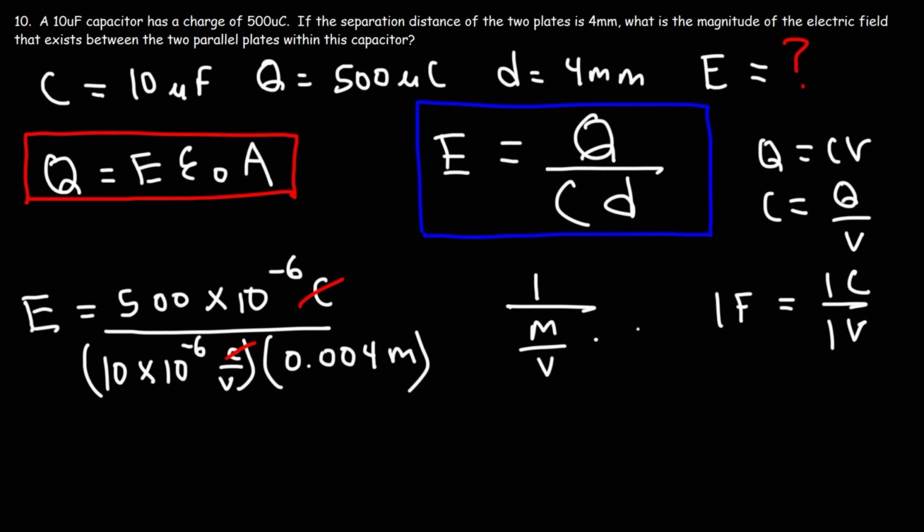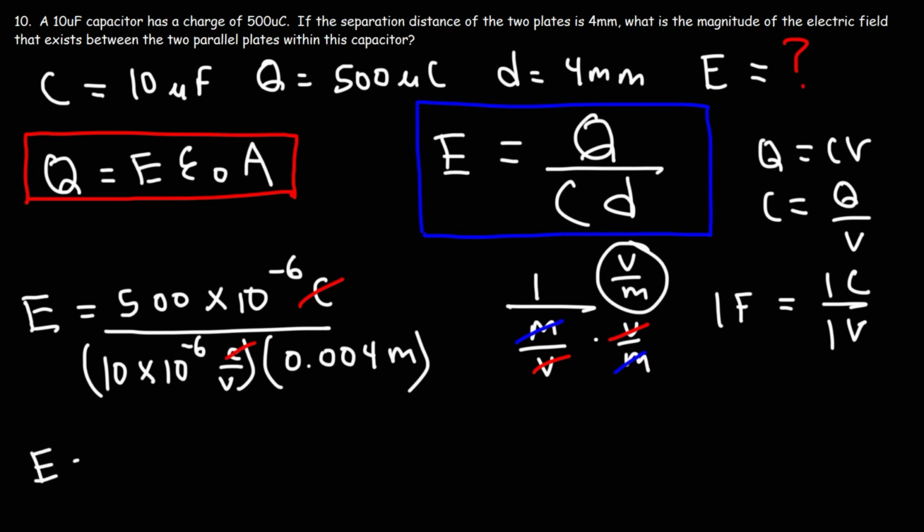If we multiply the top and bottom by volts over meter, these will cancel on the bottom, and we get the units of volts per meter, which is a unit of electric field. Remember, the electric field can be represented in volts per meter or newtons per coulomb. So here you can see how we get the units of volts per meter.